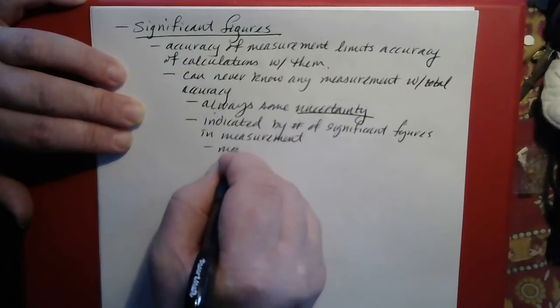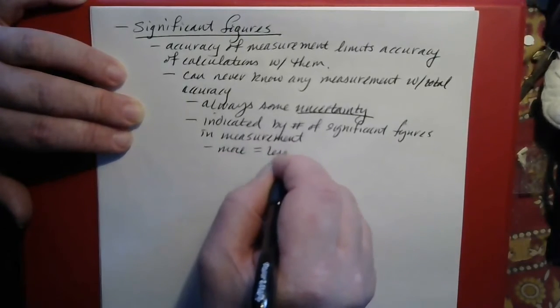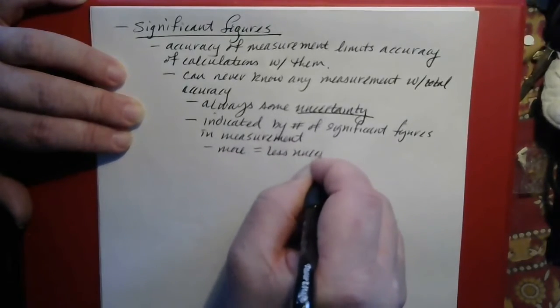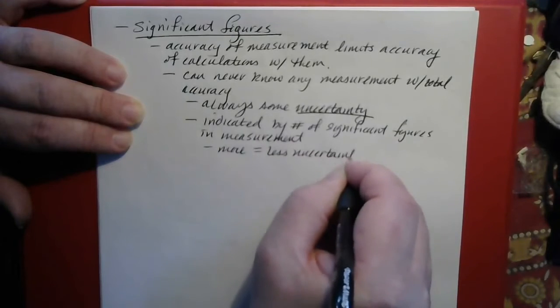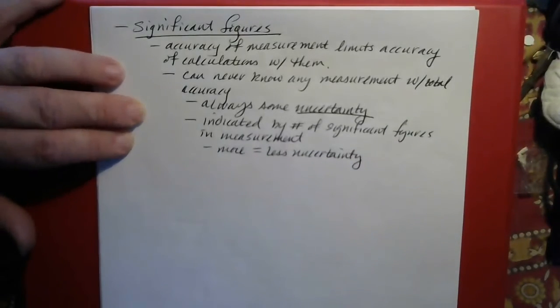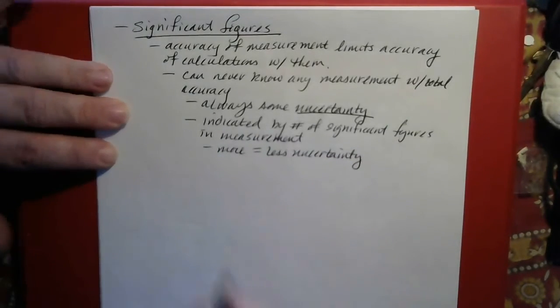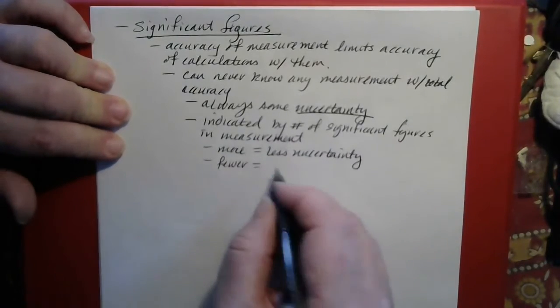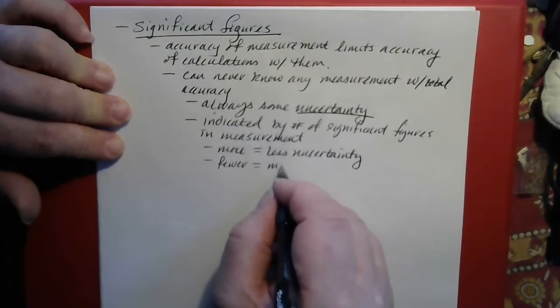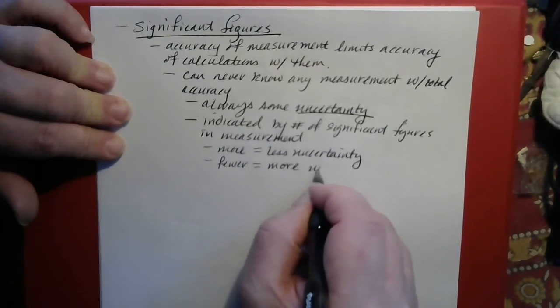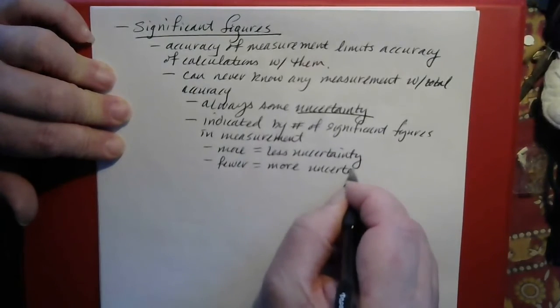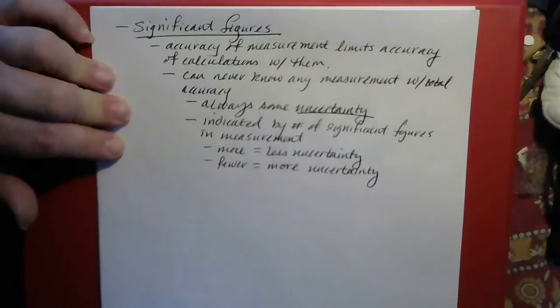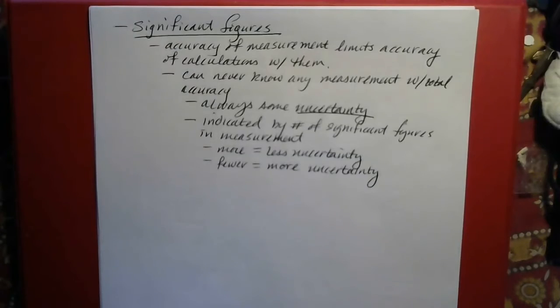Generally, more significant figures would mean less uncertainty, and fewer significant figures would mean more uncertainty.